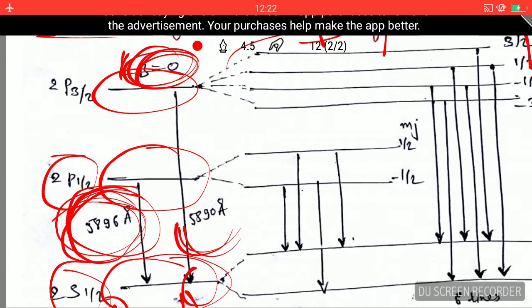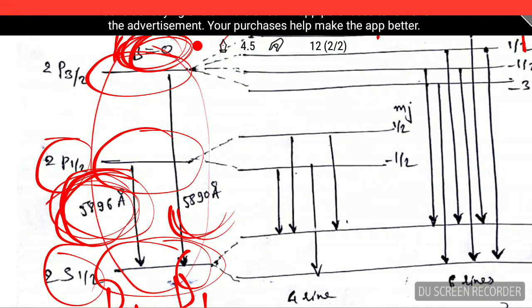This explains why there is no splitting at this point. So in the absence of a magnetic field, there will be only two lines, the D1 line and the D2 line.